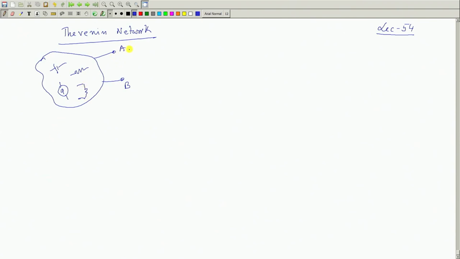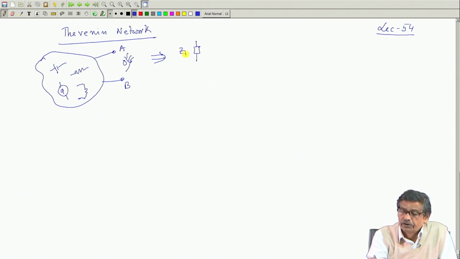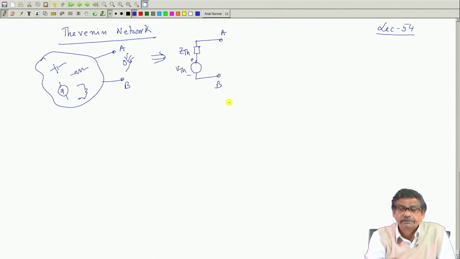Then this network, looking from this end into the network, can be shown to be equivalent to a single impedance, which is called Z Thevenin, in series with a voltage source V Thevenin, and here is your point A B. Therefore, any given network can be converted to this across a pair of terminals.